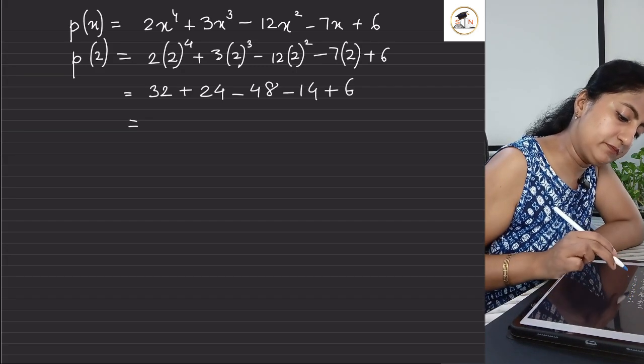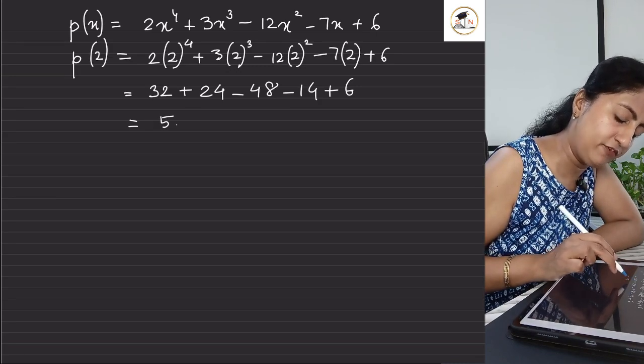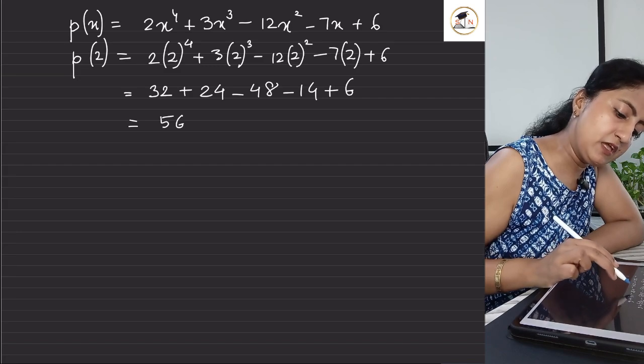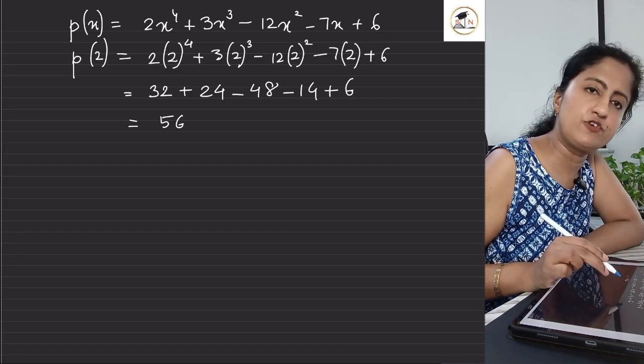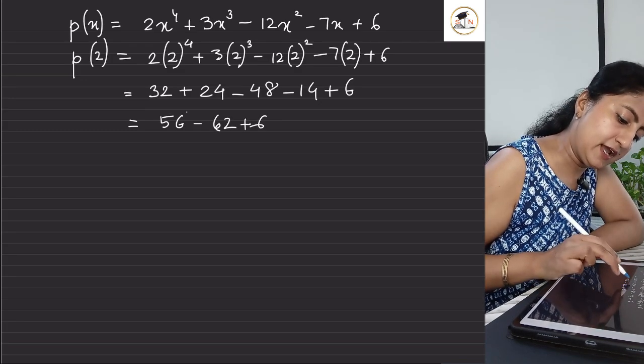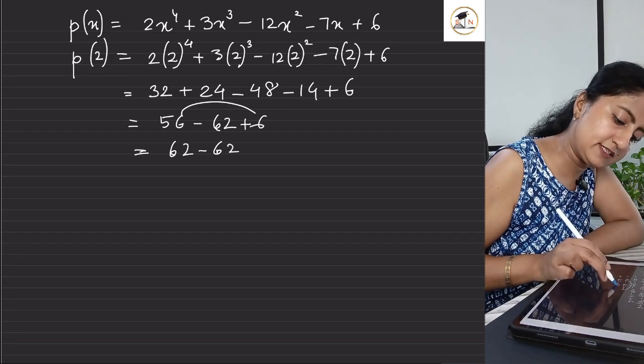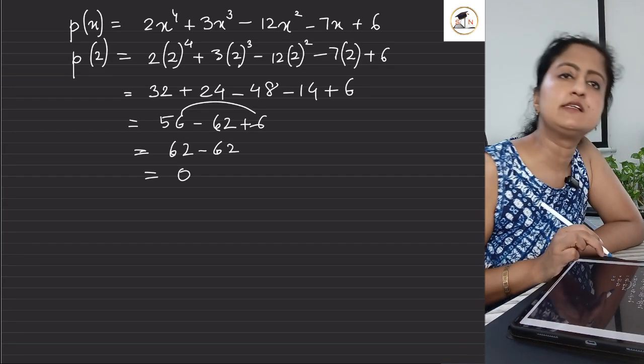So let's solve that. Positive terms, 32 plus 24 gives us 56, minus 48, minus 14. That results in minus 62 plus 6, and 56 plus 6 is 62, minus 62, and hence it is 0.